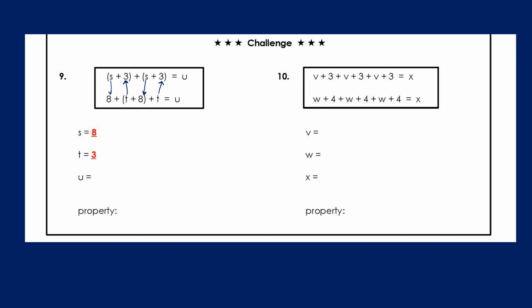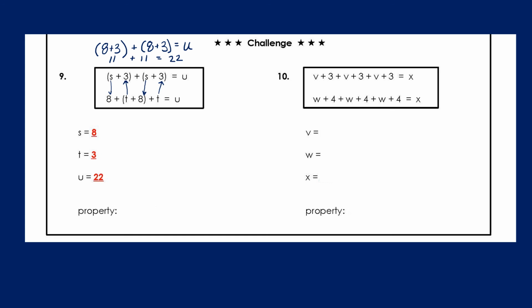So I'm going to just substitute for the top. So you have 8 plus 3 plus 8 plus 3 equals U. So you have 11 plus 11 equals 22. So U equals 22.